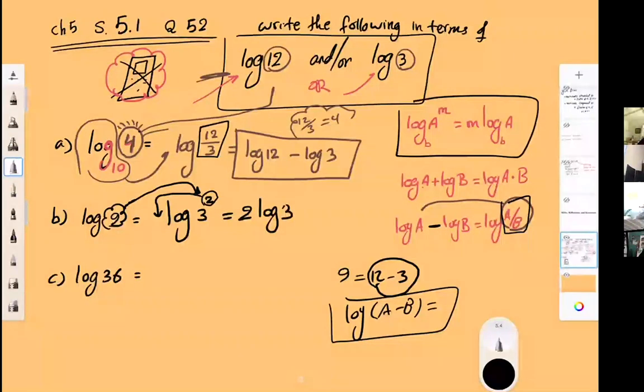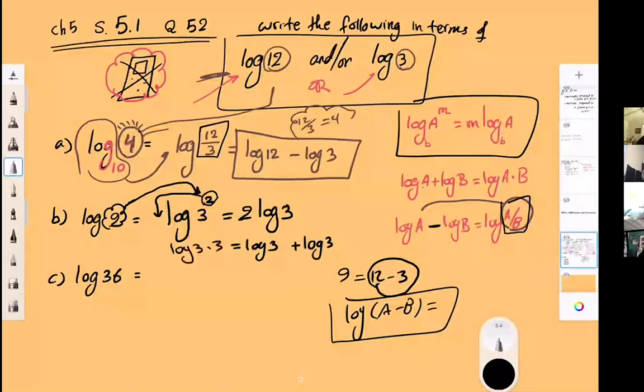For that one, would it also be okay to say log of 3 plus log of 3? Very good, but if you have log of 3 plus log of 3, you will add them up. If you leave it at log of 3 plus log of 3, you use 9 equal to log of 3 times 3, correct?